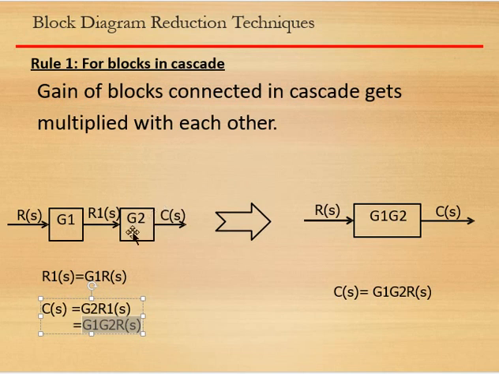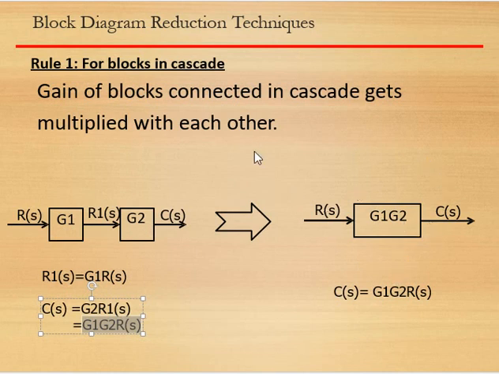So we simply have to multiply G1 and G2, not do all of this. Here the input is R(s), the gain is multiplied, so the gain will become G1 into G2, and C(s) is equal to G1 into G2 into R(s). From this equation we have drawn this block.